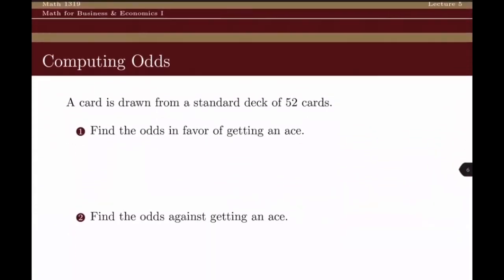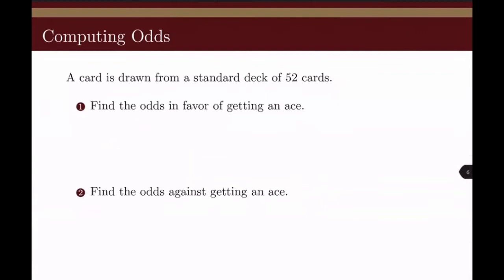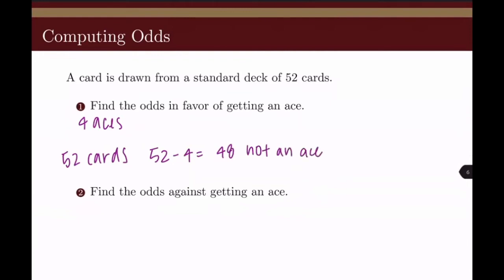So let's compute the odds. I know that there are 4 aces. We also know that there are 52 cards, right? So that means the number of cards that are not an ace are 52 minus 4, which is 48 cards that are not an ace. So getting an ace is my favorable option, right? Because we're in favor of getting an ace.